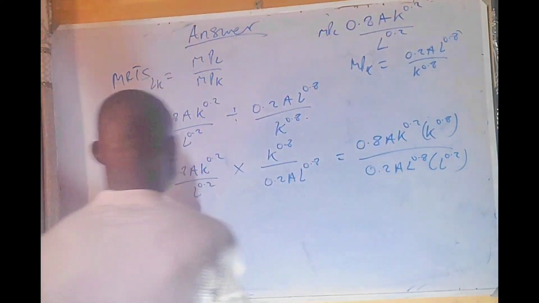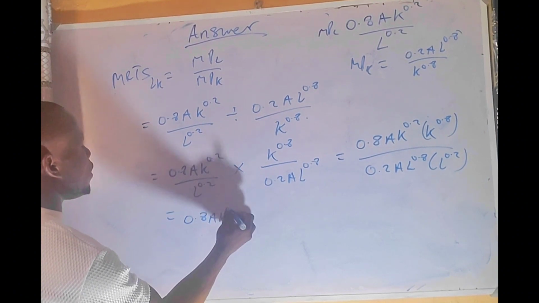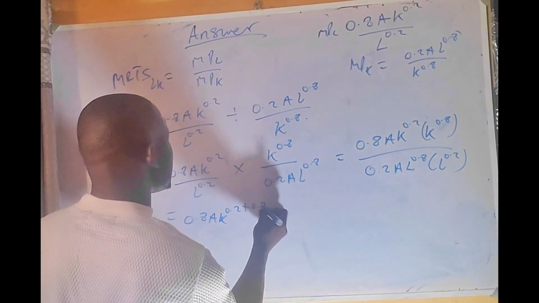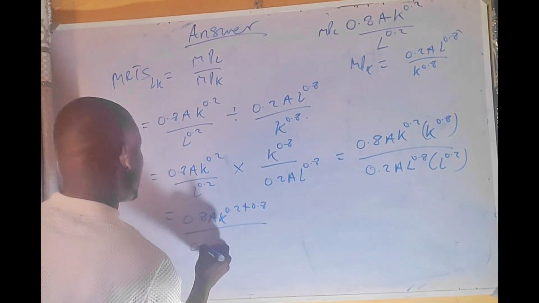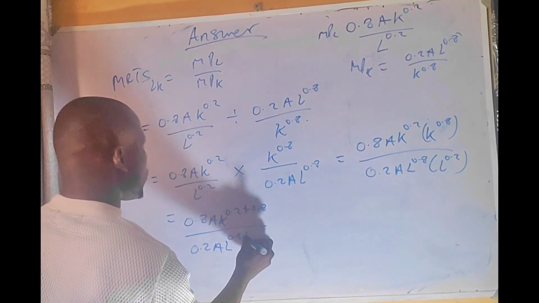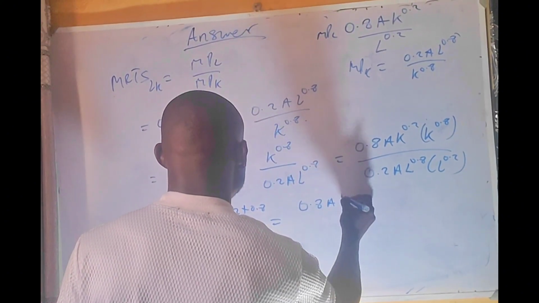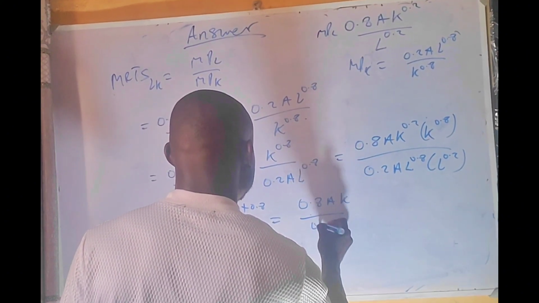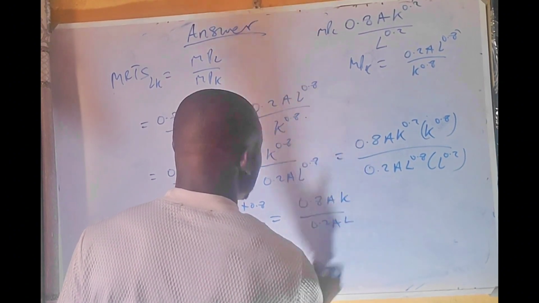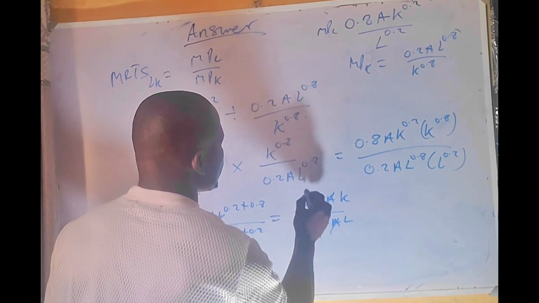And this then will be 0.8 A K^(0.2+0.8) divided by 0.2 A L^(0.8+0.2), which is now equal to 0.8 A K all over 0.2 A L. A cancels A, 0.2 here is 1, 0.8 over 0.2 is 4.